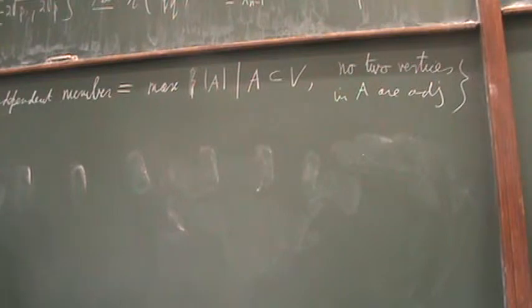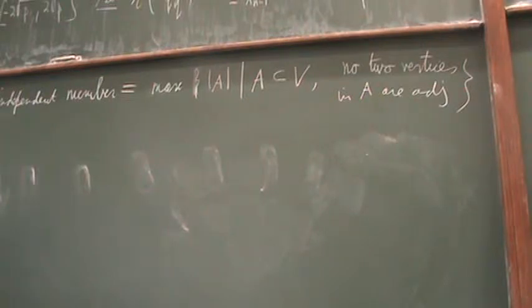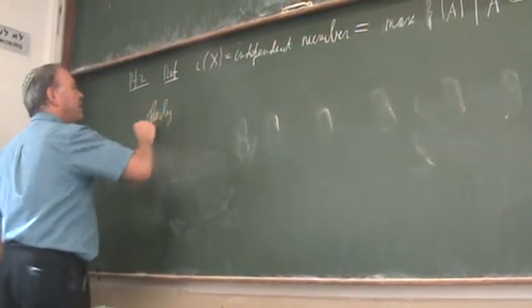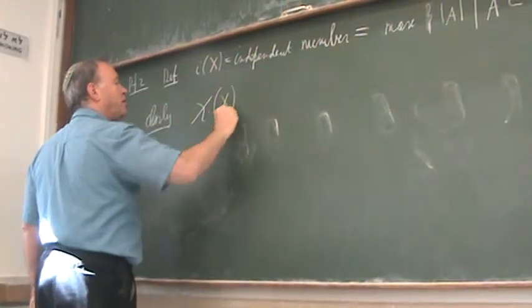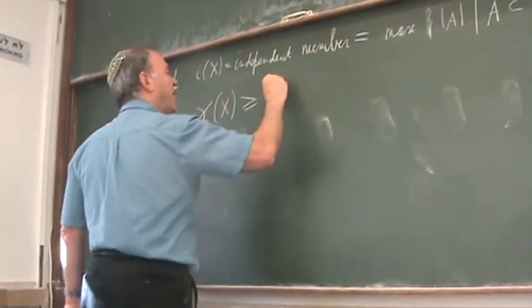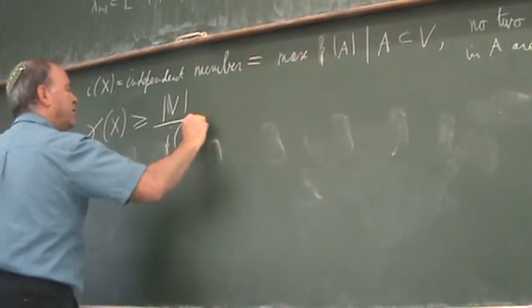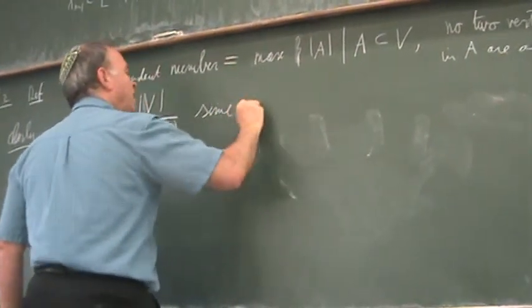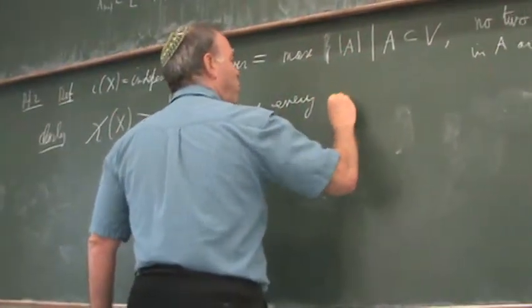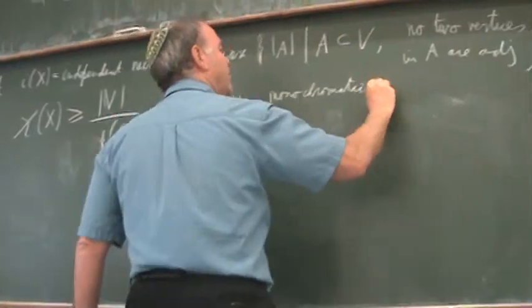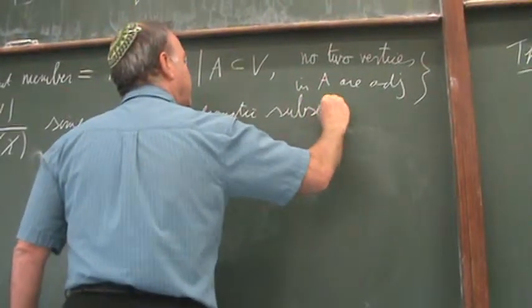What's the maximum size of a subset of the graph such that they don't touch each other? They're not neighbors of each other. And clearly, let's think for a second, the chromatic number of X is at least n over I of X, where n is always the size of V, since every monochromatic subset is independent.